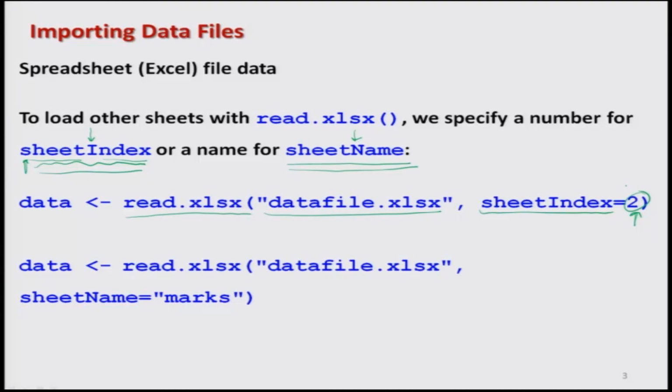Similarly, if you want to specify the name of the sheet, the same command continues, but instead of sheetIndex I use the option sheetName equal to, for example, "marks", enclosed by double quotes. So if you want to read any particular sheet, you can specify the number or the name of the sheet, and using this package you can read it with this command.